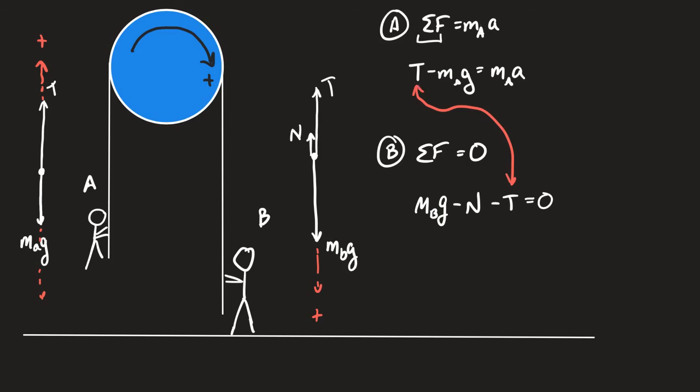The tension in the rope is the same for both. Now, if you look closely, and I would encourage you to do so, tension equals MA times G plus the acceleration. I've combined two steps in one there, right? I moved MG over to the other side, then I factored out the mass.